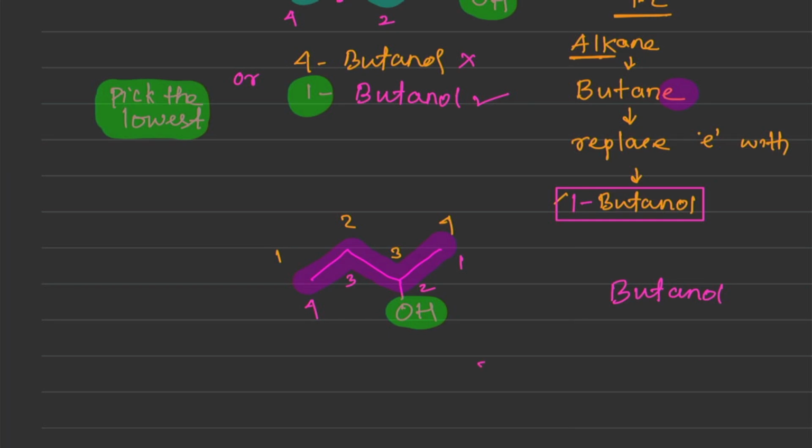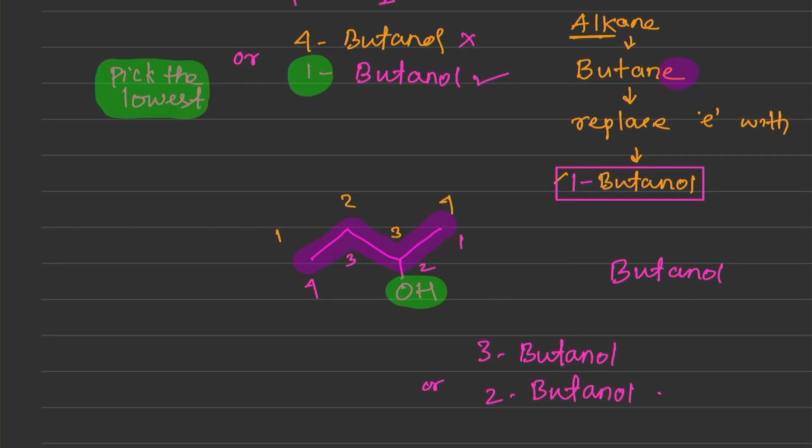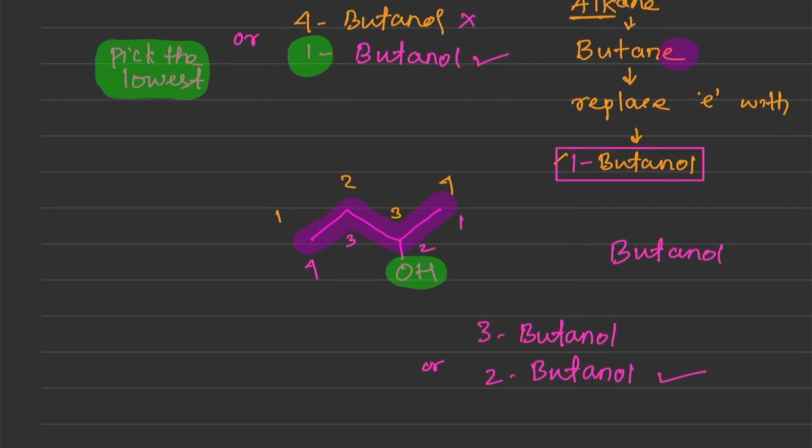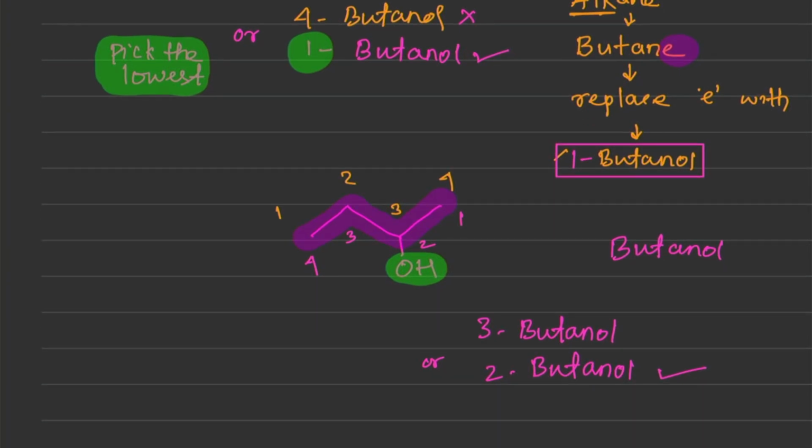We can call it 3-butanol, or we can call it 2-butanol. Which one do you think is the correct answer? The correct answer is going to be this one, the one on the bottom. So that's simple alcohol nomenclature right there. I will do a more complex problem in the next video.